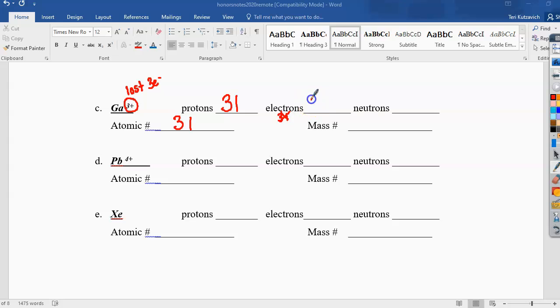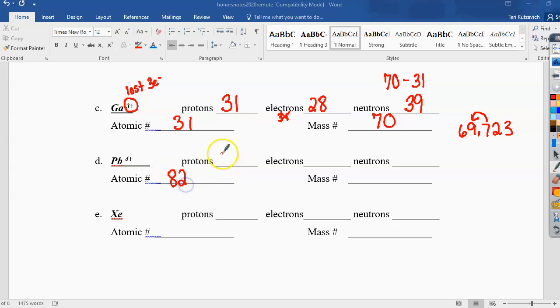So instead of 31, I only have 28. The atomic mass is 69.723. So this is going to come to a mass number of 70 because the 7 rounds the 9 up. To get the number of neutrons, it's the mass number minus the atomic number. So we have 39 neutrons.